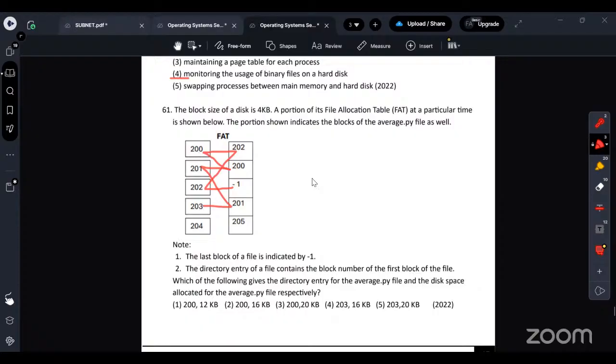How many blocks are being used? Guys, answer. Try it. I already did one earlier.